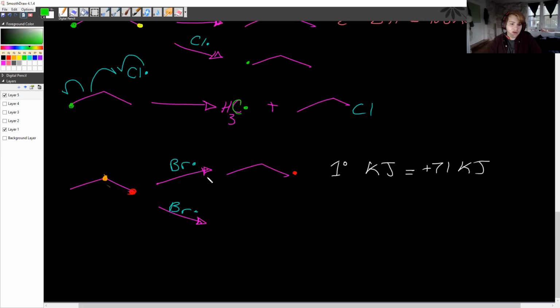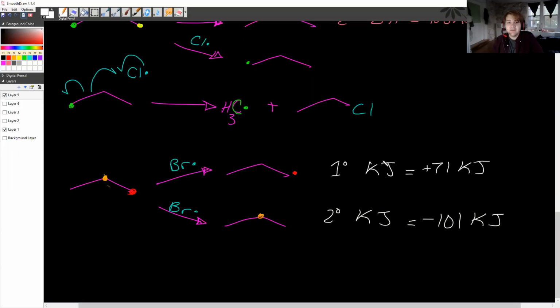Versus if we take a look at the secondary, this has an energy of negative 101.